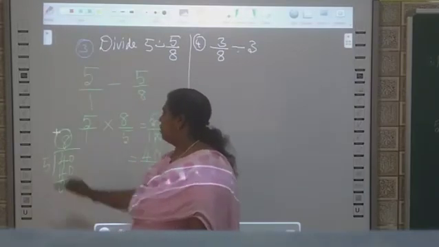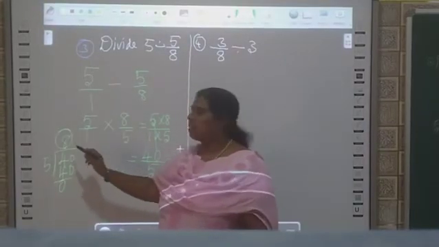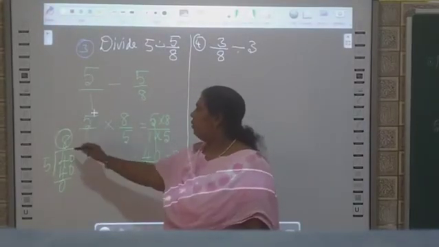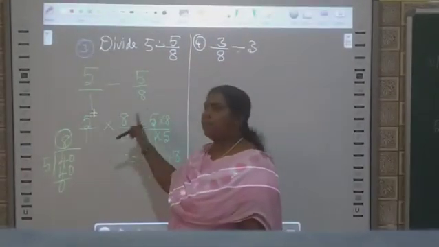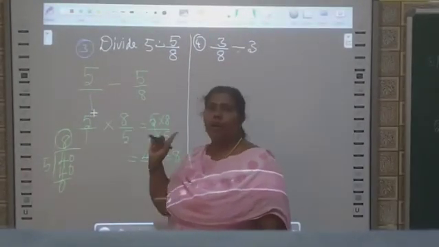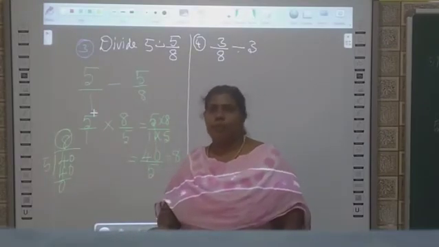So the answer is 8 only. Or you can reduce it: here 5 cancels 1 time, here also 5 1 time. So 1 time 8 is 8, and 1 into 1 is 1 only. So the answer is 8. That's also the correct answer.